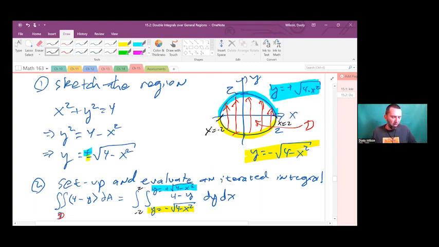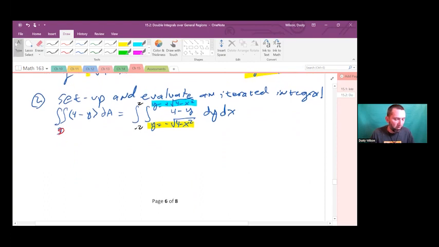So we have set up a double integral quite nicely here, specifically an iterated integral. So now we've got to evaluate it. Good news, it looks like some of these radicals might go away for us.